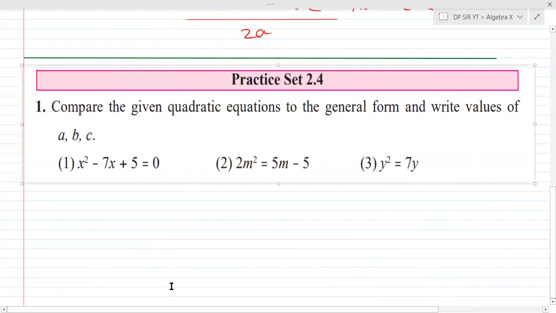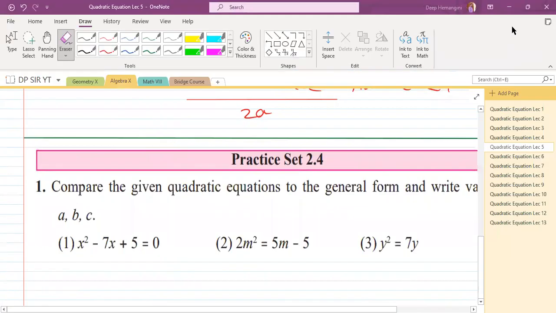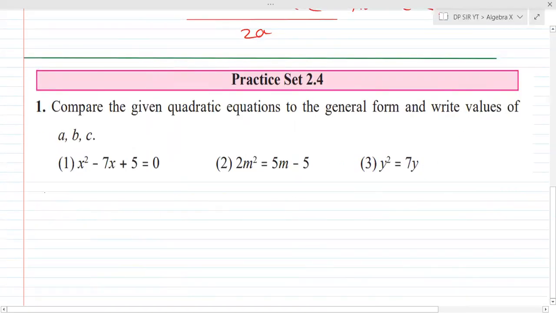Let me just keep it in one screen. चलो. So now let's start with the first question का solution. Let me take the black pen again and let me start with the solution for the first question.